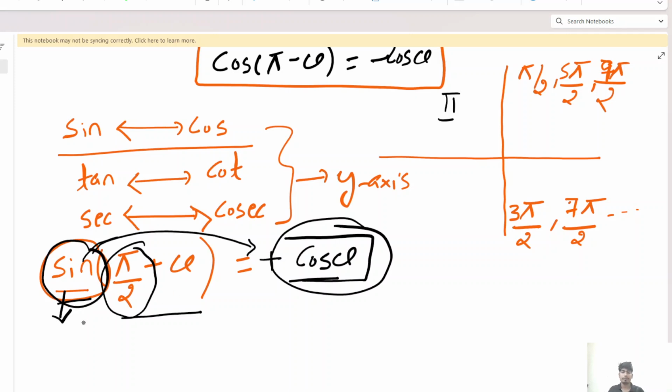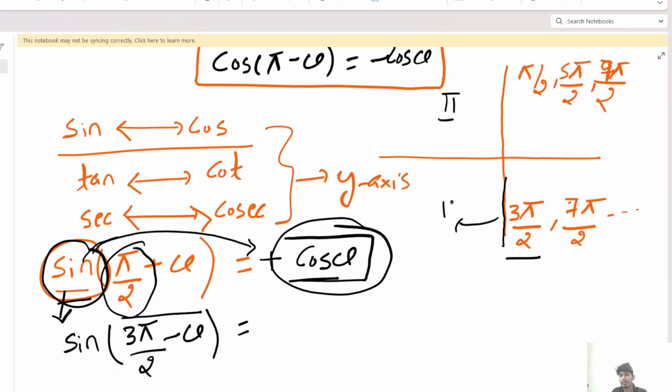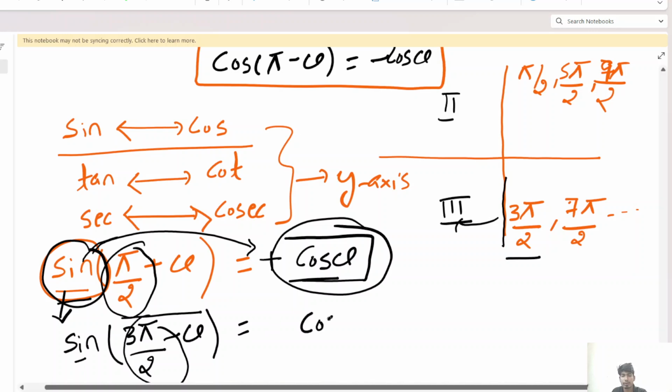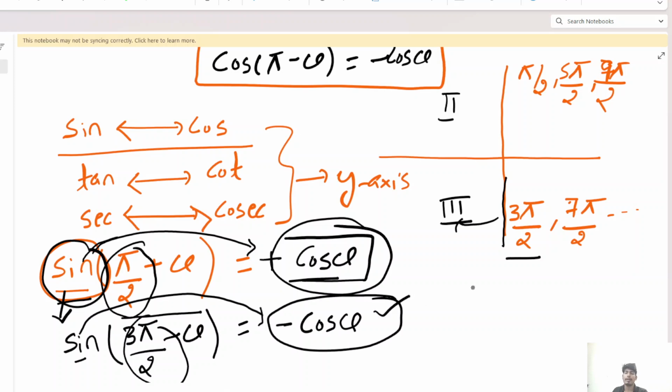Then sine of 3 pi by 2 minus theta. We know 3 pi by 2 here, and 3 pi by 2 minus theta means the third quadrant. So sine changes into cos and theta remains the same. Since the sine function is negative in the third quadrant, this implies a minus sign here.